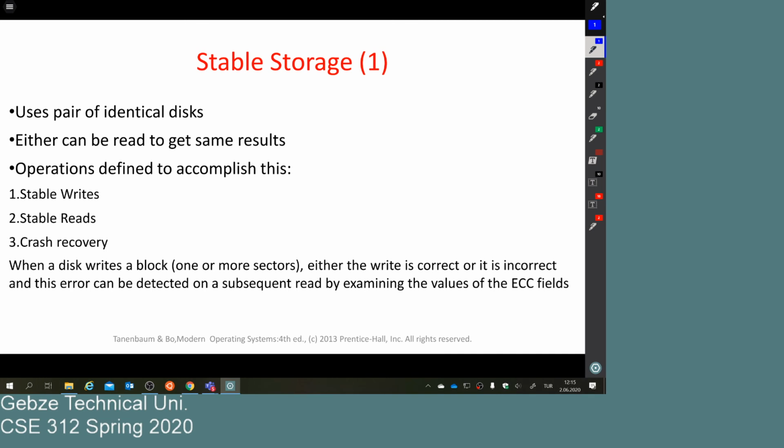This one doesn't say that. This one says that I will always keep a stable copy of your data either in the first drive or the second drive. That's what it says, which could be very important from time to time. Okay, good. Any questions?